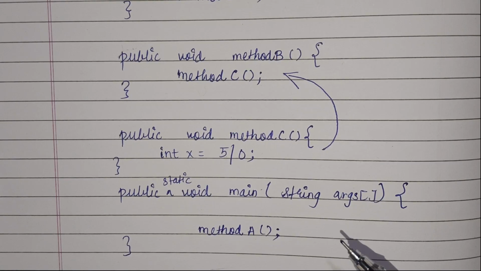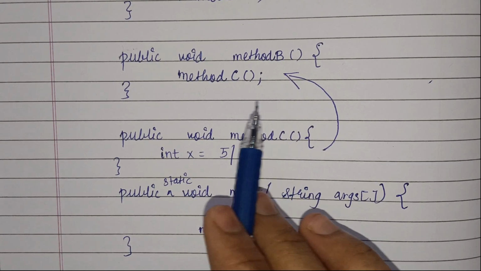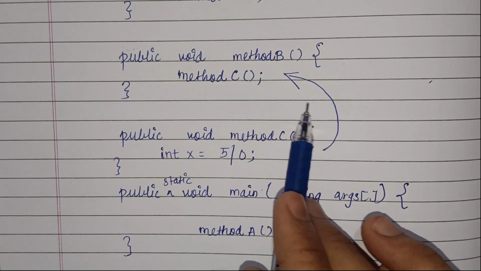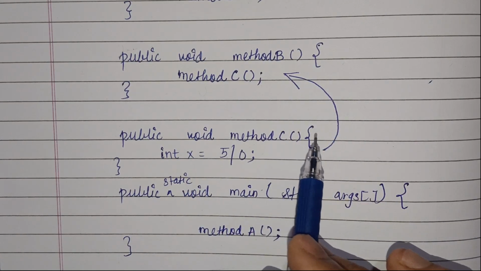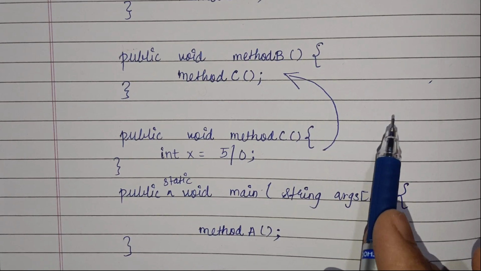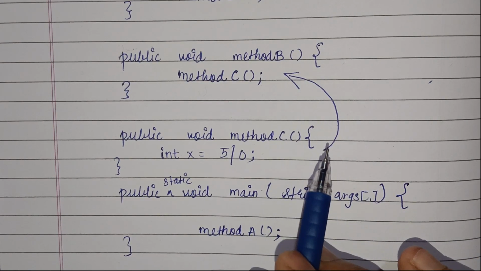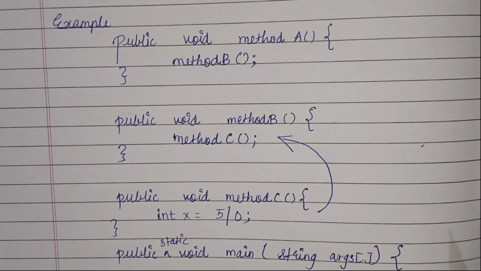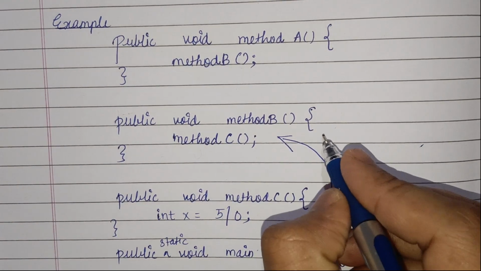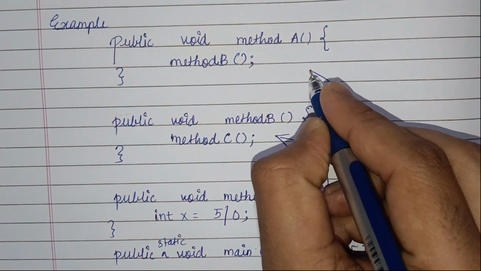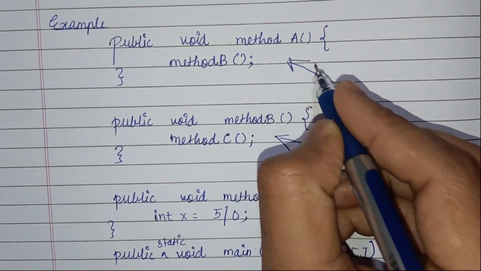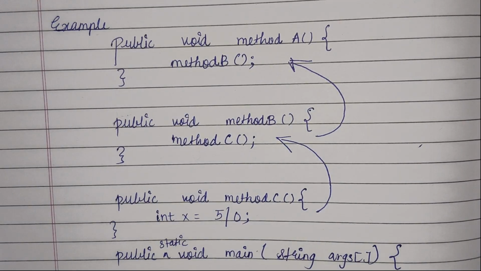The B method also has two ways. Either it will handle this exception by using try and catch, or it will also pass this exception to its caller. Suppose B method also passes this exception to its caller. So that means it will pass the exception to A.